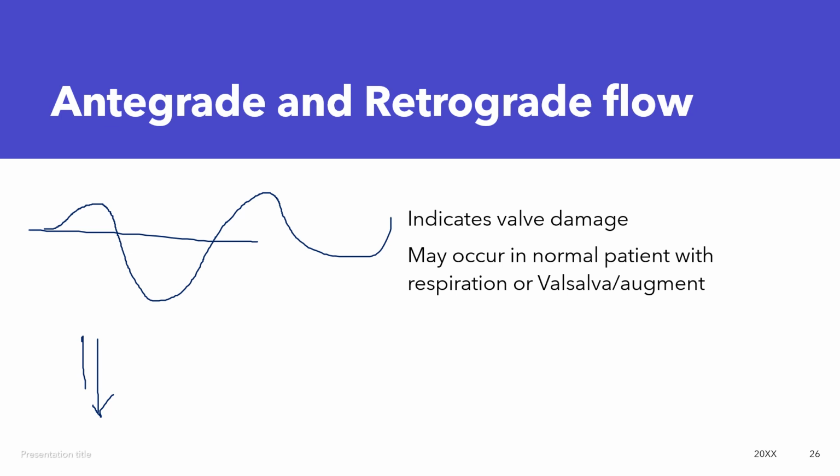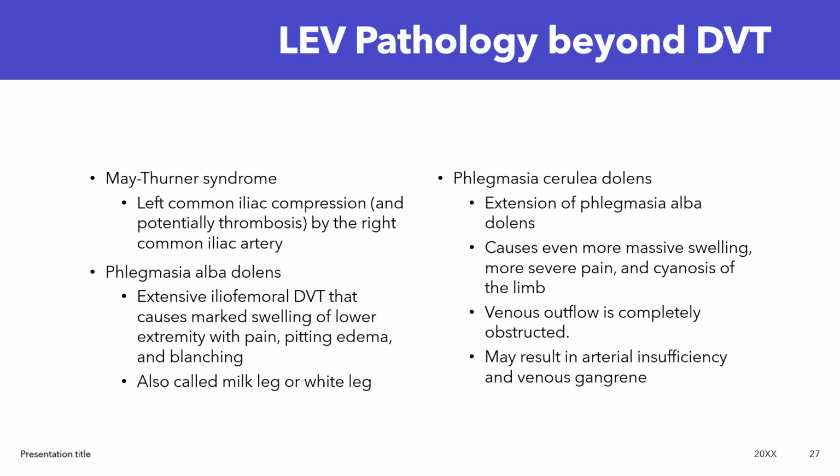You also might see this a lot with patients that have a lot of varicose veins. Now, occasionally this can occur in a very normal patient just because you're watching them breathe, that's going with their respirations, or Valsalva or augment. So sometimes this can be normal, but if you're seeing it repetitively, it could be an indication of valvular incompetence.